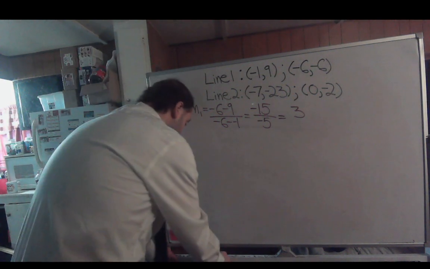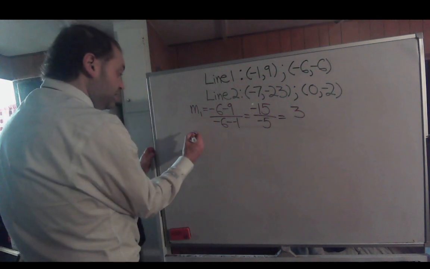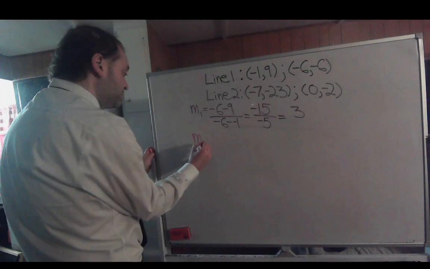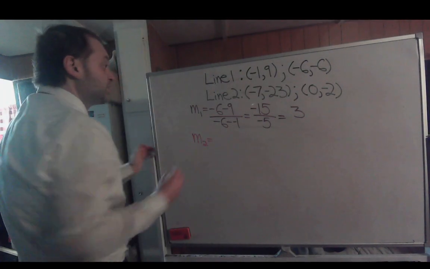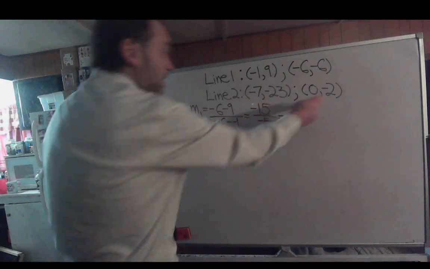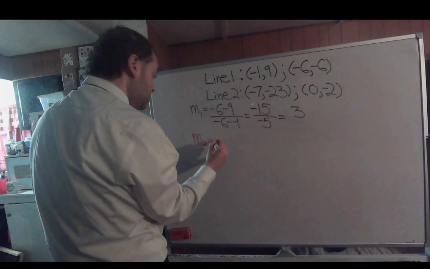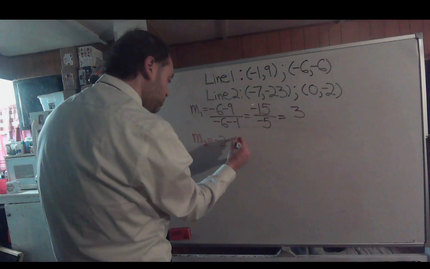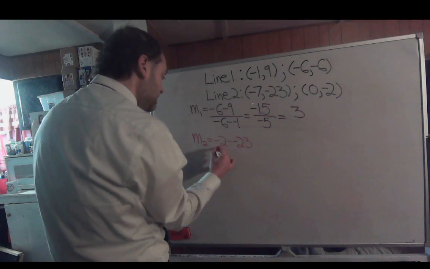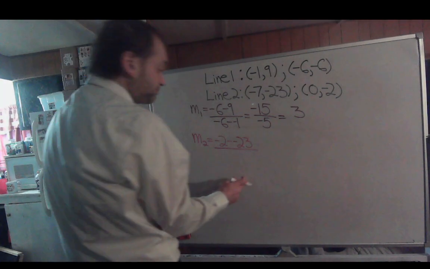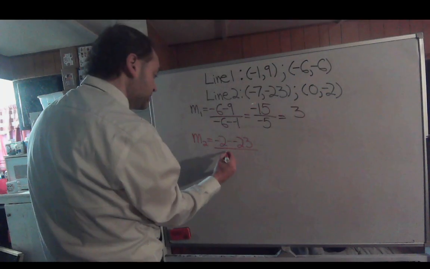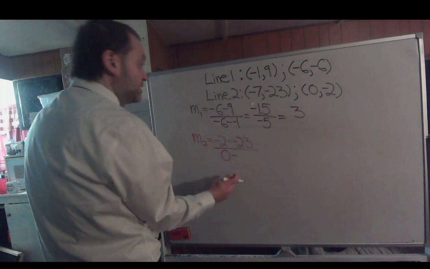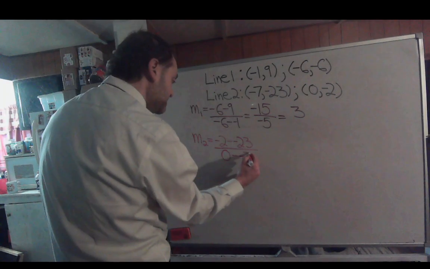Now let's look at the slope of line 2. I'll denote that as m sub 2. Take your second y-coordinate of -2 minus your first y-coordinate of -23, divided by your second x-coordinate of 0 minus your first x-coordinate of -7.